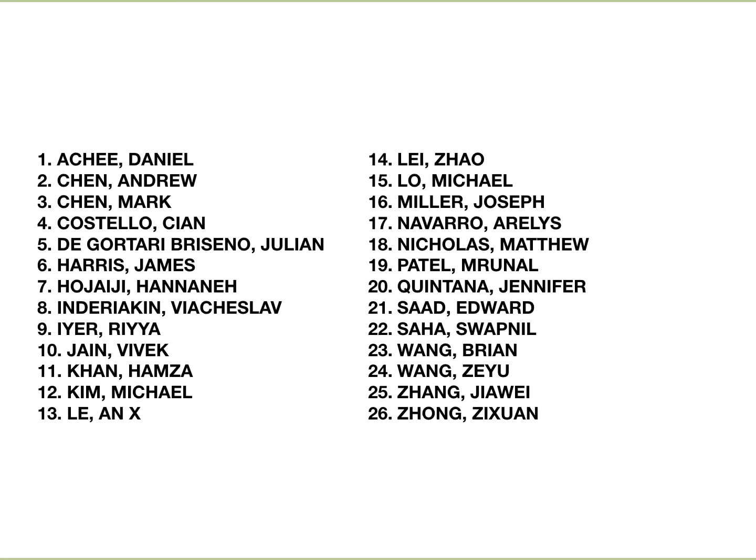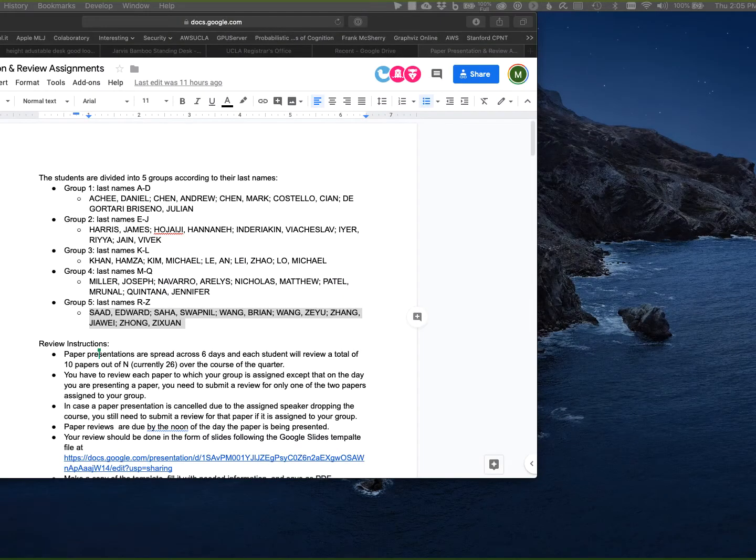Zhao, you're here. Okay. Michael Lowe, you there. Joseph Miller, there. Arliss is here. Matthew Nichols. You're Matthew, right? No. I'm just taking attendance. Oh, you're Daniel, right? Okay, so Matthew Nichols is not here.